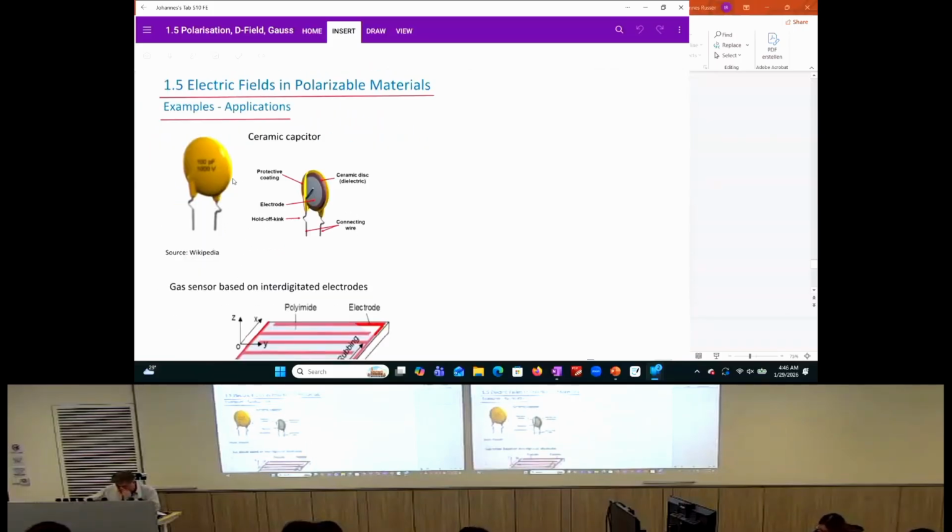So we have electric fields in polarizable materials. We want to look at fields in polarizable materials.